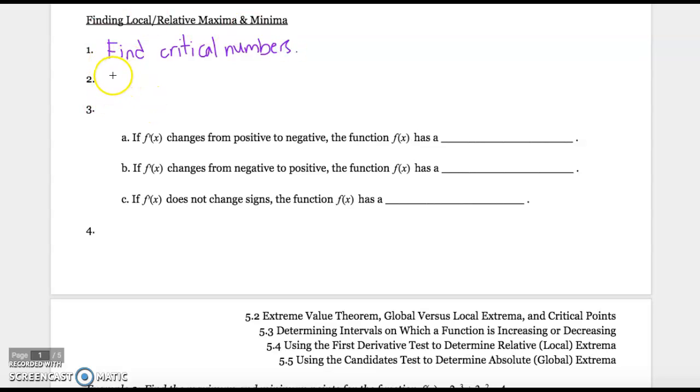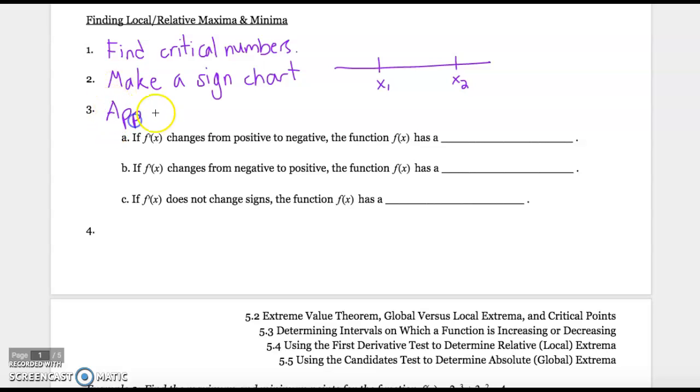And then once you have those critical numbers, you have to make a sign chart with them, where your critical numbers go as the certain x values. And then we apply the first derivative test, which is very well known in calculus. There is a second derivative test, but we'll get to that in a little while.